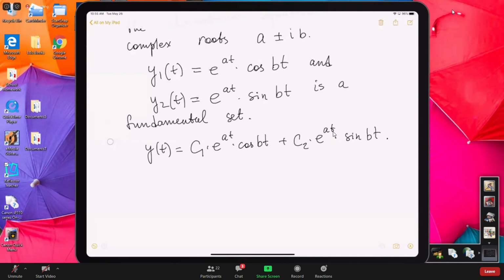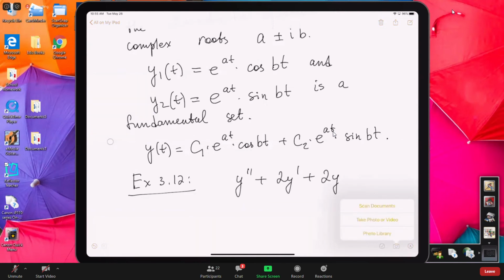So let's try this one. Let's pick a problem, something from here. Yeah, let's try example 3.12. So y double prime plus 2y prime plus 2y equals 0.